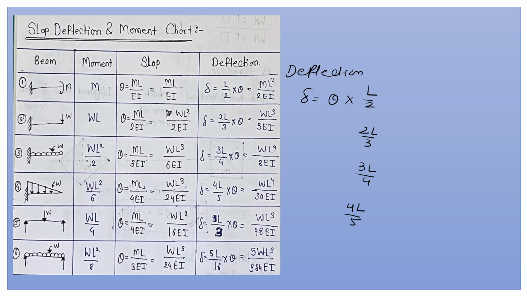Then for simply supported, multiply by L by 3, then for the fifth or sixth condition for UDL, multiply by 5L by 16. Okay, so these are the deflection values. Just put the values of theta into this and multiply with the factor given here, so you get the values of deflection. So these are the deflection and slope chart.